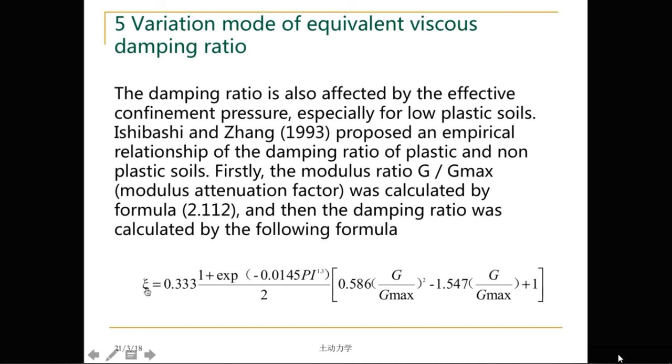Damping ratio lambda equals 0.333 times 1 plus e to the power of negative 0.0145 PI to the power of 1.3, divided by 2, then times another term with G over Gmax.